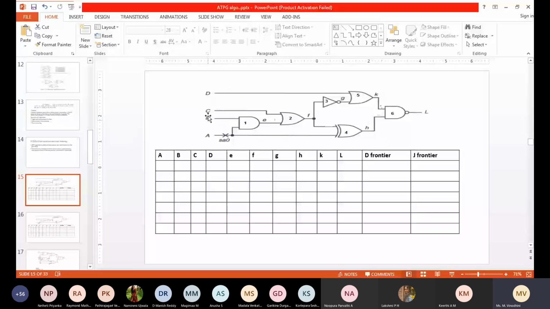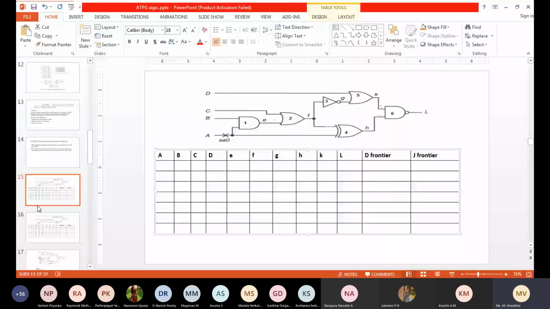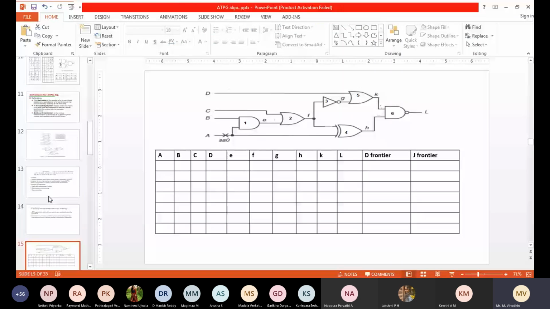All the A, B, C, D, from primary input, first level gate, second level, third level, fourth level. Like that, you need to enter all the variables and 2 more columns for D frontier and J frontier. So this table is important in PODEM. The answer has to be given in the form of a table only in PODEM. Okay, so tomorrow's class I will explain the PODEM.